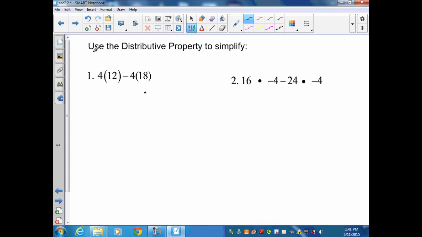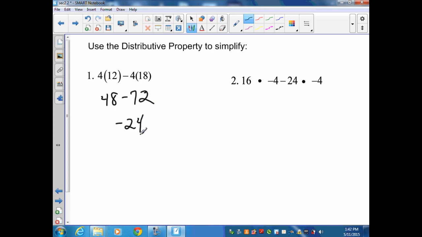Our next example, we want to use the distributive property to simplify. In this case, what I want to do is take 4 times 12, and that's 48. And negative 4 times 18 is a negative 72. Now what I'm going to do is subtract, and that's going to give me a negative 24.